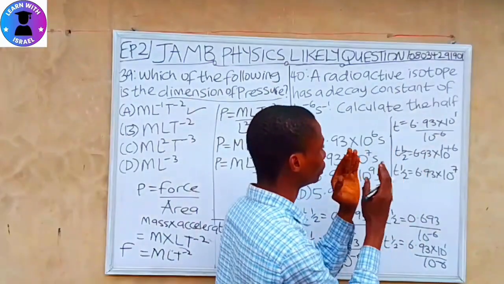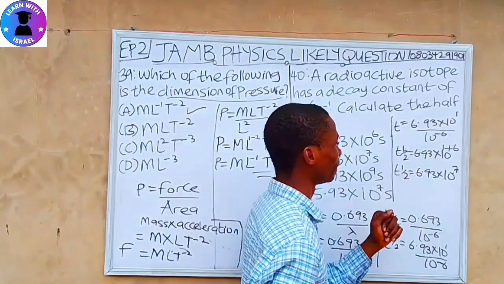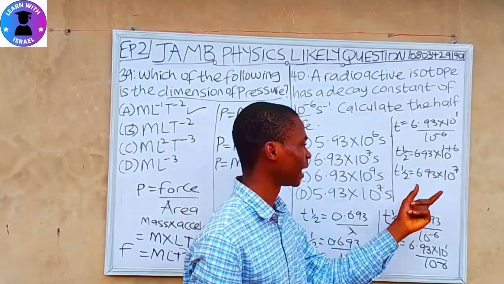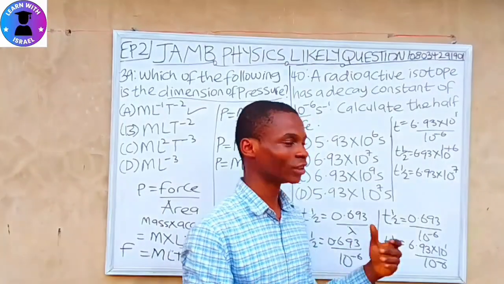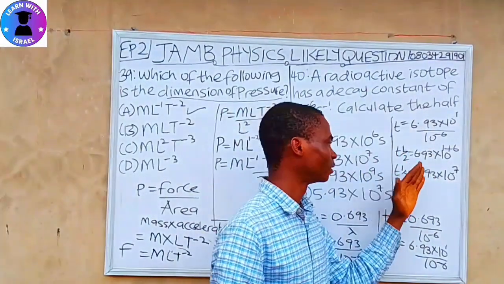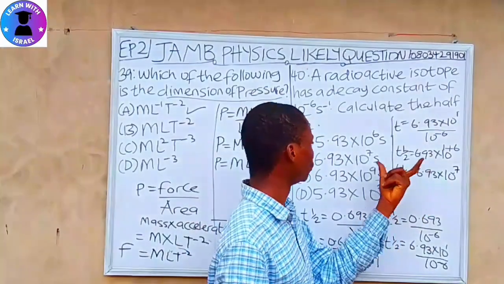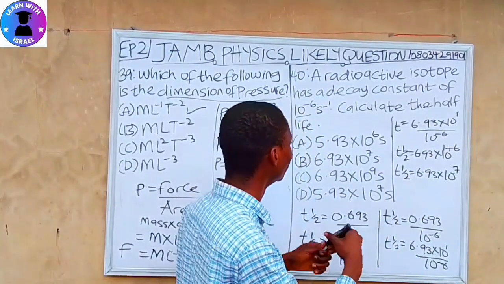When I went through the solving, I realized there was a little mistake, and I corrected it. So instead of starting all over again, just check well and correct the simple mistake you made. If we check the options, we can find it in option B.